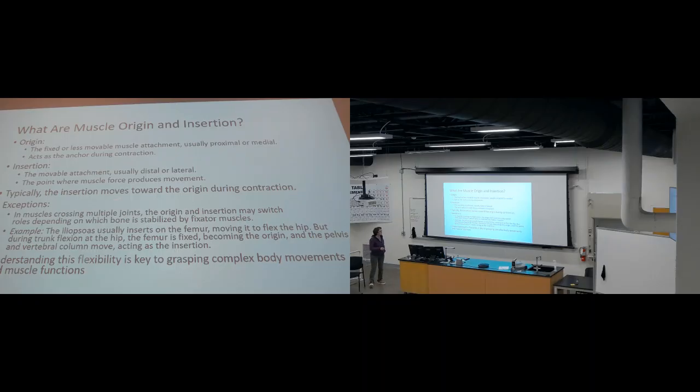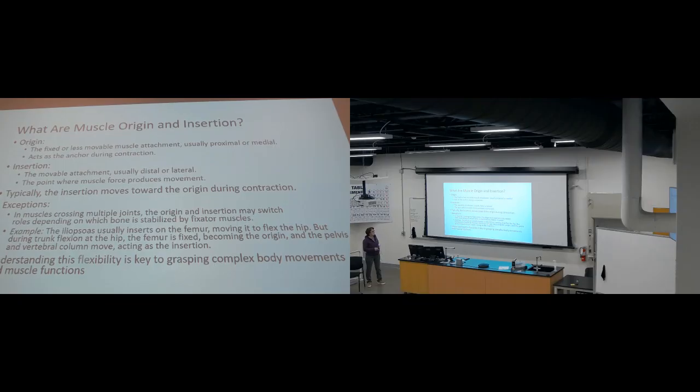Exceptions will be muscles that cross multiple joints. The origin and insertion may switch roles depending on which muscles are activated, like for instance the fixators, and which bones you are trying to stabilize or move. For instance, we have this muscle called the iliopsoas. It is an abdominal muscle, but it also inserts into the femur.